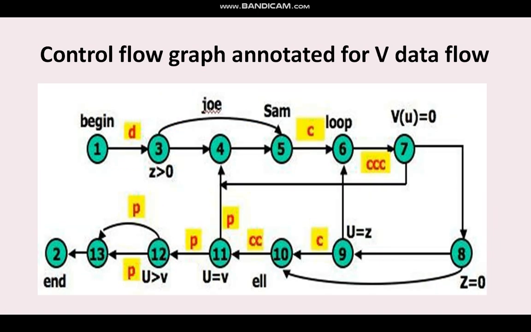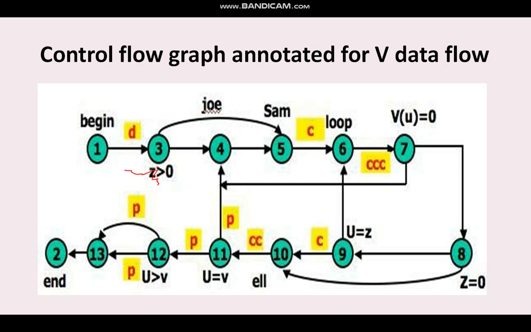Next, the control flow graph annotated for V data flow. The variable V is there. How can it be represented in the data flow manner by using these annotations along with the links? DCC: define, calculation, calculation, calculation, and calculation, and predicate, calculation, calculation. Like that, it can be represented.